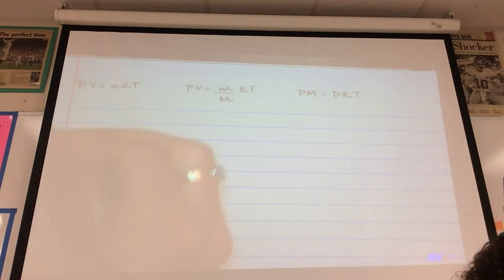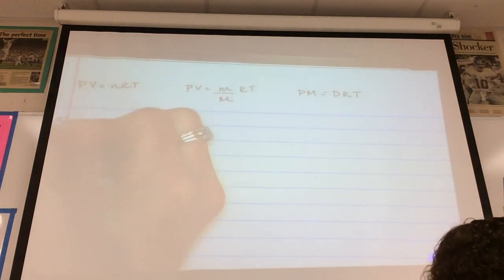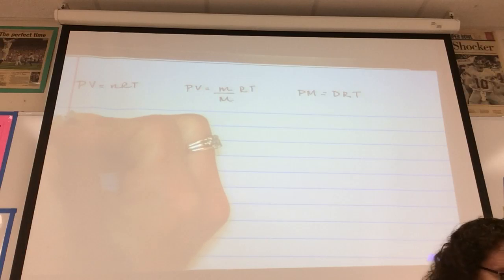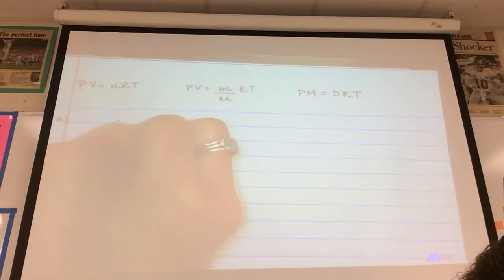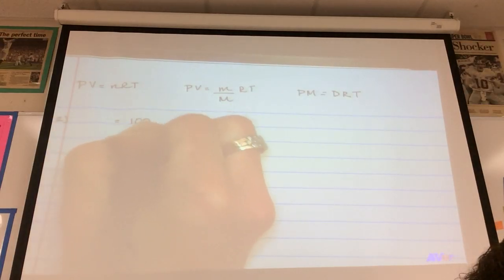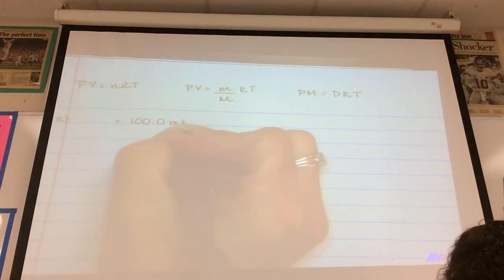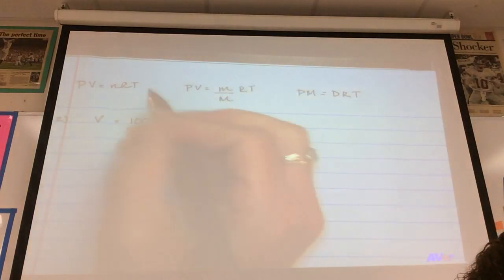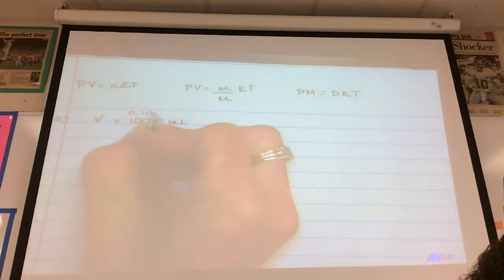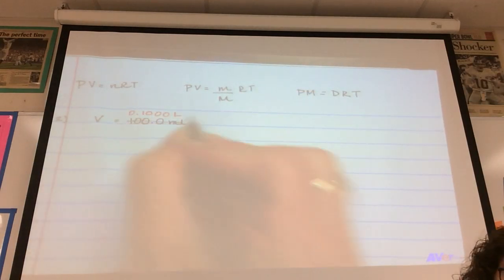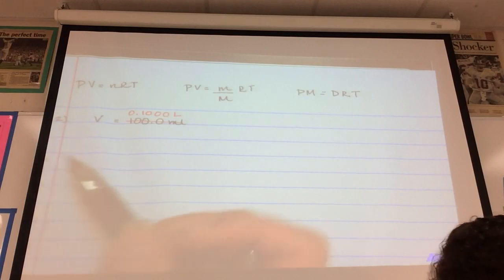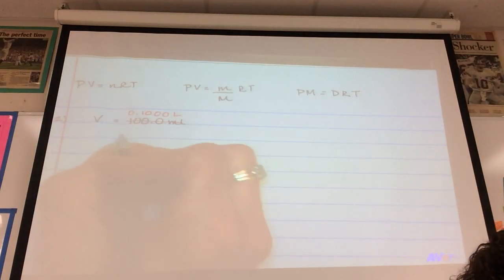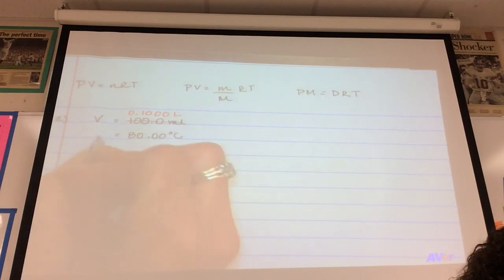Alrighty, on number 2, it says argon occupies 100 mils of space. What does that 100 mils represent? Volume, and we don't want mils. Watch your sig figs. We have 80 degrees Celsius, and what does that represent?